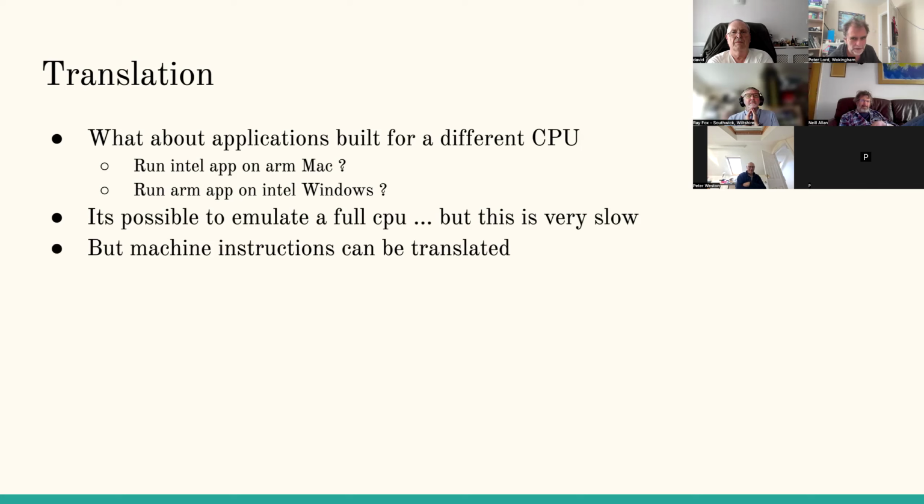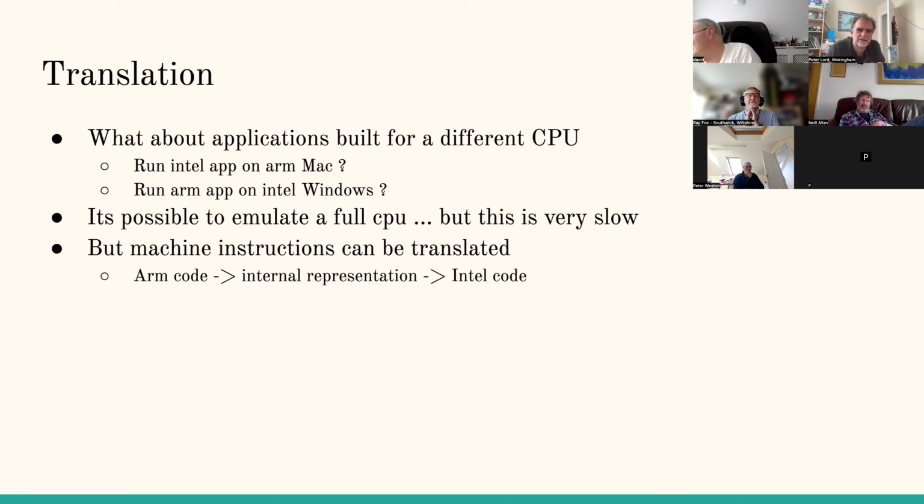All right. But here's a trick. There is this thing now called machine instruction translation. So the way this works is, if you're trying to run some ARM code on your Linux desktop, these translators will take this ARM code, convert it to some internal representation, and then generate native Intel code.